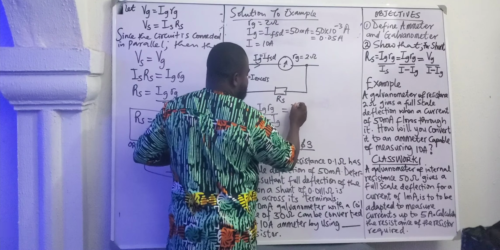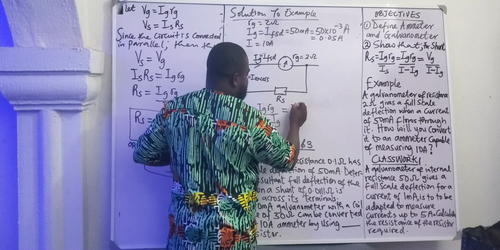Rg is 2, divided by I max, which is 10, minus Ig, which is 0.05. This gives me 0.1 divided by 9.95. So that will give us that Rs is equal to 0.01 ohm. You see that the value of the resistance is very small.